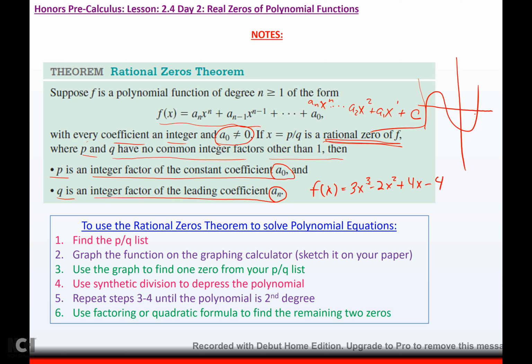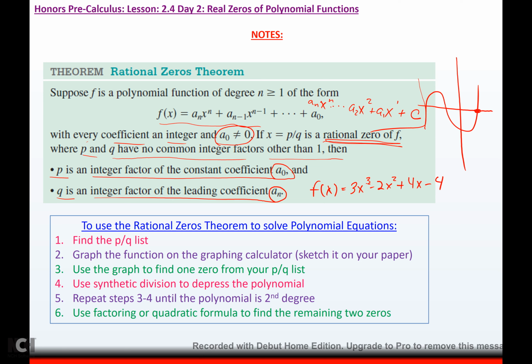However, I don't know if these intercepts are rational or irrational. What rational means is that it crosses at some point that even if it's not a fraction, it can be written as a fraction. Like if it was at 0.5, I could write that as 1/2. 0.25, that can be 1/4. As long as you can write it as a fraction, it's a rational zero.